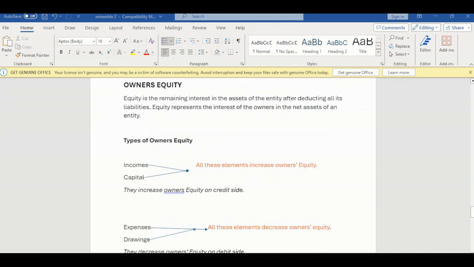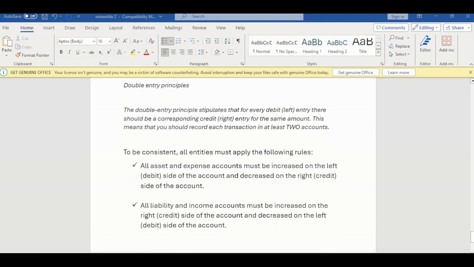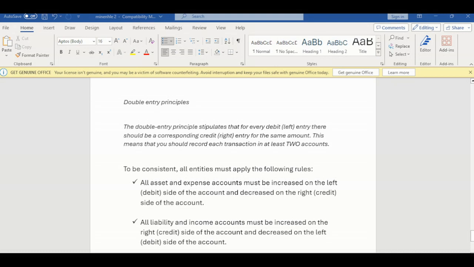Okay, we have done about this one, guys. So this is very, very important for you to know. I'm just giving you a clue before we start our official classes. Okay, let's go to the double entry principle.